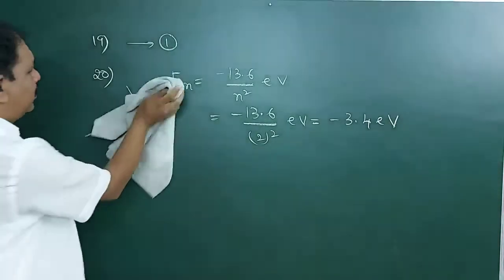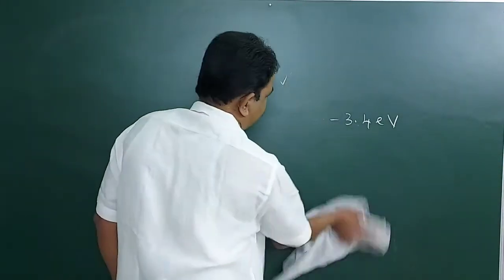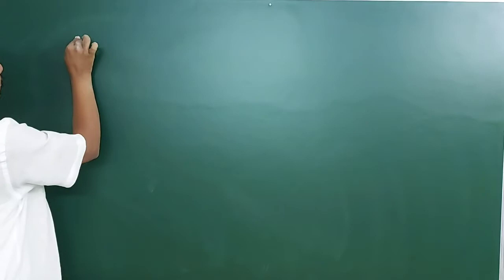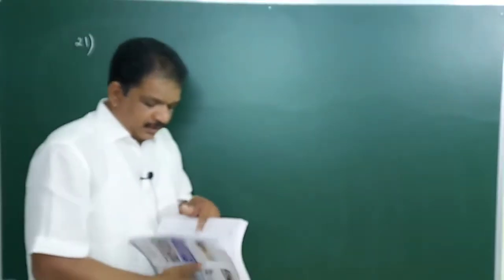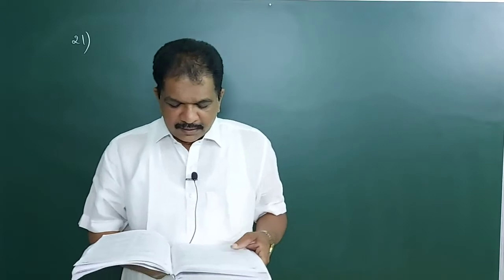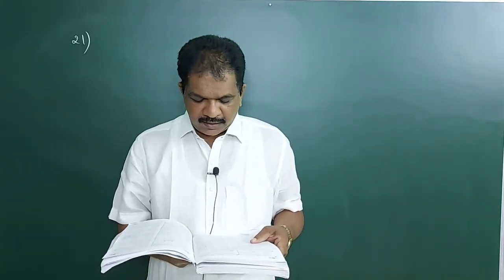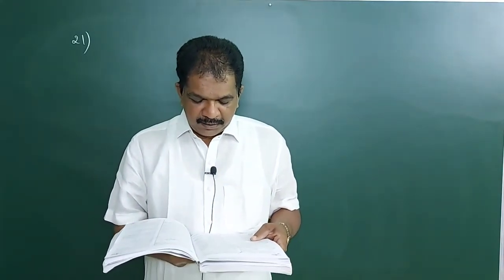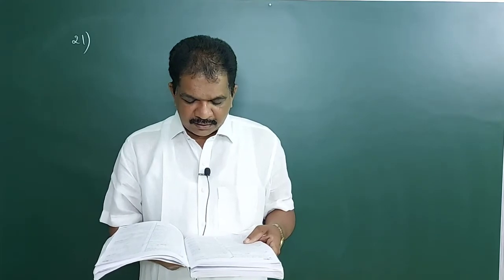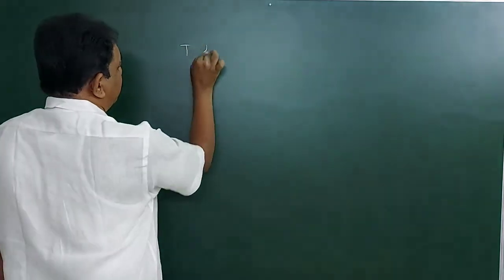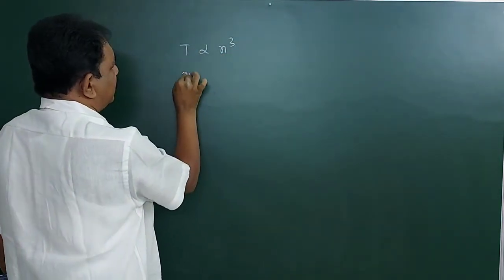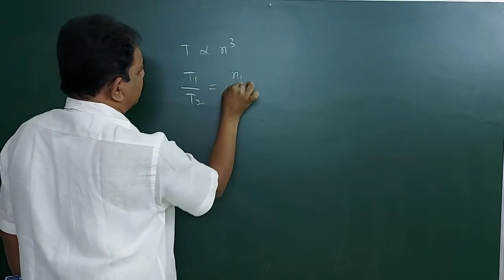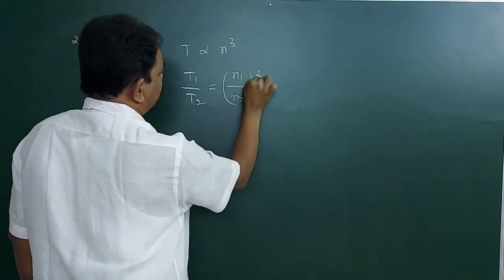Next, 21. What they are asking, see. The period of revolution of an electron in the ground state of hydrogen atom is T. The period of revolution of the electron in the first excited state will be. So, T proportional to n cube, T1 by T2 is equal to n1 by n2 whole cube.